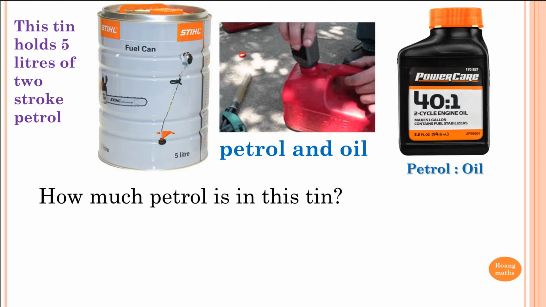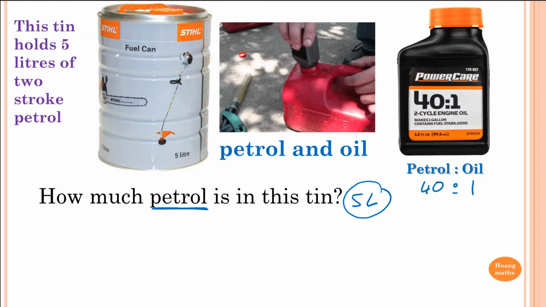So you know that the tin holds 5 liters, which is a mixture of petrol and oil. So altogether 5 liters. So what is the amount of petrol? Petrol to oil: petrol is 40, oil is 1.